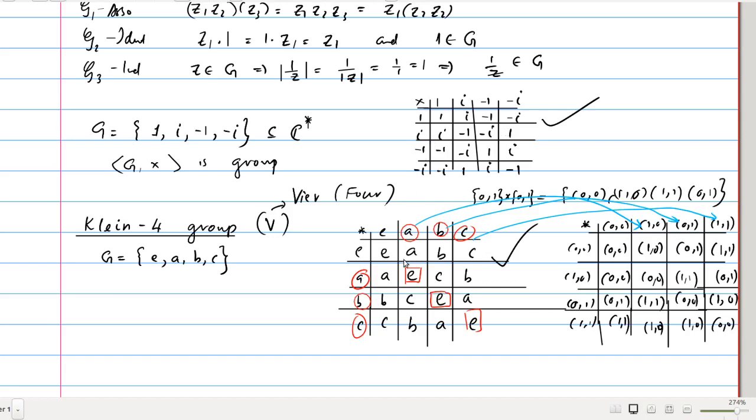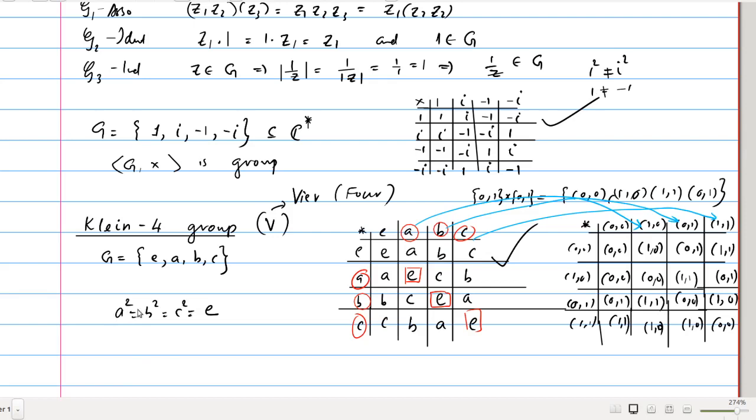If you take any correspondence here, E goes to 1, I goes to A, minus 1 goes to B, and minus I goes to C, then we cannot expect the same thing, because in this one A squared equals B squared equals C squared equals the identity element, but in this structure 1 squared is not equal to I squared. I squared is minus 1 and 1 squared is 1, these are not equal.